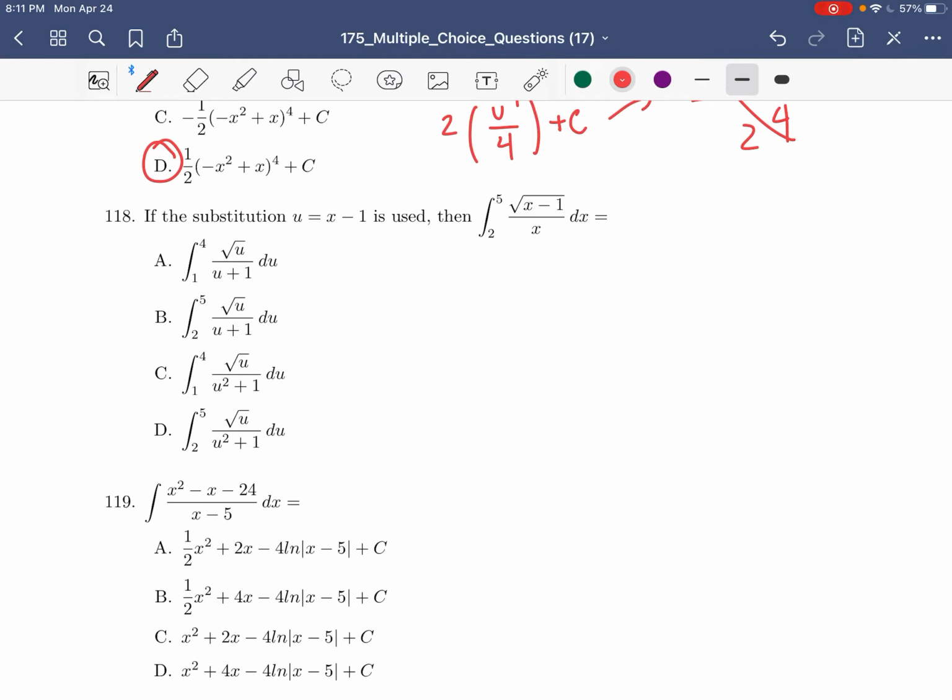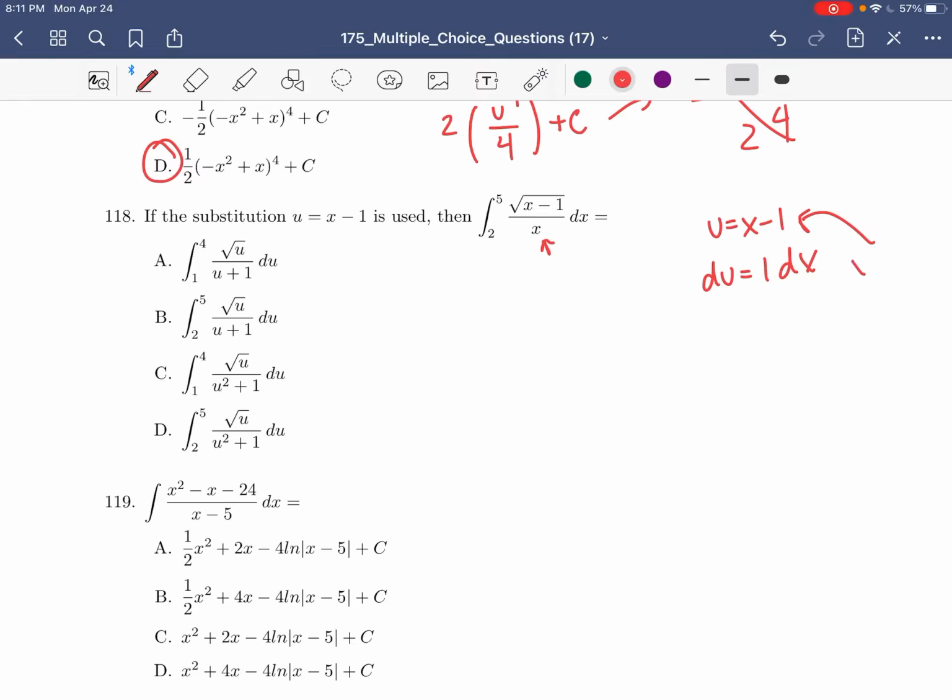Okay, 18. So they want us to use u substitution. They tell us which one though. And notice all of our answer choices keep a u. So obviously u equals x minus 1. Du equals 1 dx. So everything we need is almost right, except we're left with this x on the bottom that we need to get rid of.